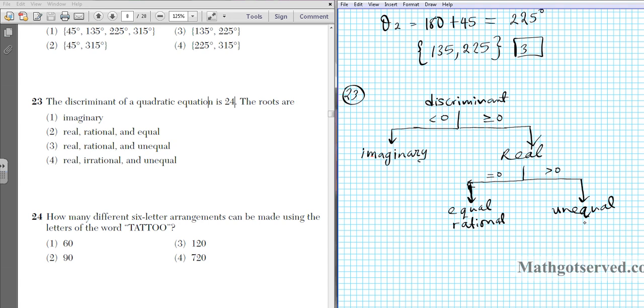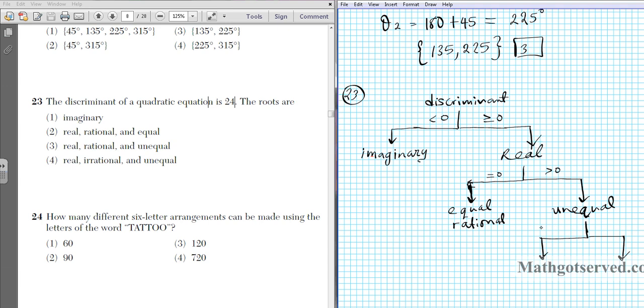So how can we further classify this? Well, we can classify them using the nature of the number that we have there. We're going to break it further into two categories. If they're greater than 0, they're going to be unequal.